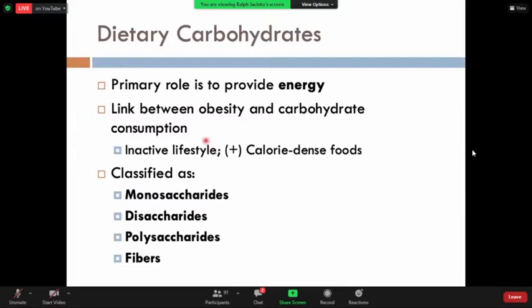Just take note that there are links between obesity or overnutrition and carbohydrate consumption. This is together with the intake of calorie dense foods. When we say calorie dense foods, these are foods that are very high in calories per gram, coupled together with an inactive lifestyle. This is very prominent right now, especially during the pandemic, wherein we are very sedentary. We just eat, and eat, and eat.